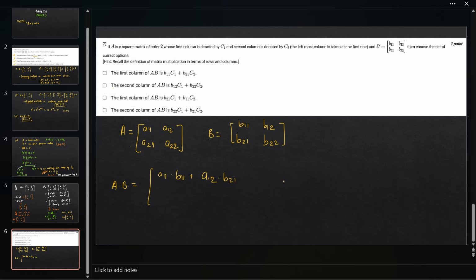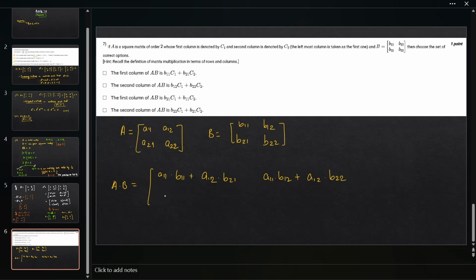Now, for the 1, 2 element of AB, we will take the first row of A and the second column of B. That means A11 will get multiplied with B12 plus A12 will get multiplied with B22.